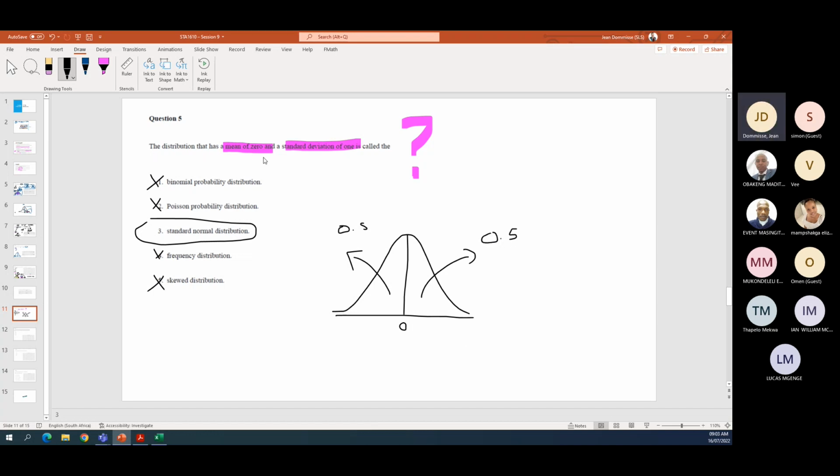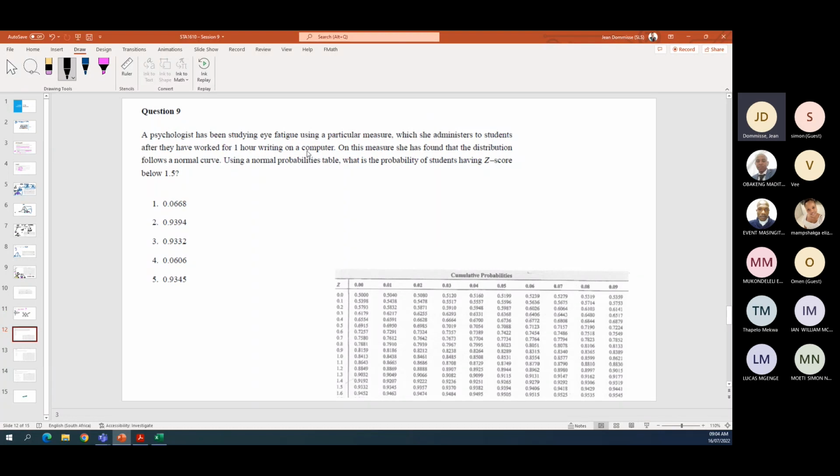So just remember, mean of 0, standard deviation of 1 is always a standard normal distribution. They like to ask this in assignments and in your exams and things like that as a definition question. Okay, so let's continue.